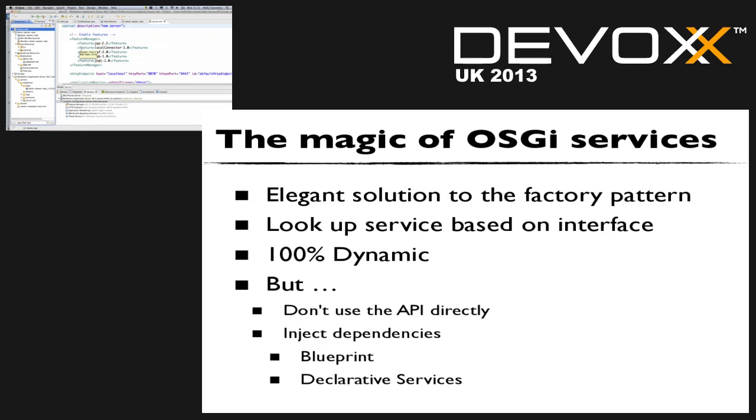You just want something really small. And so you can list these features here, and when you don't list a feature, it's not loaded into the runtime. So that does mean that you can have a runtime with a super small footprint. And what enables this is OSGi. It just wouldn't be possible without OSGi.